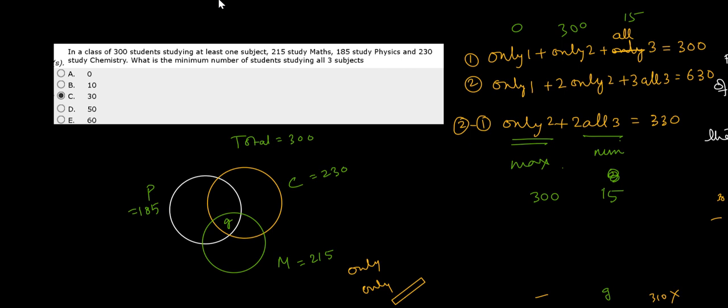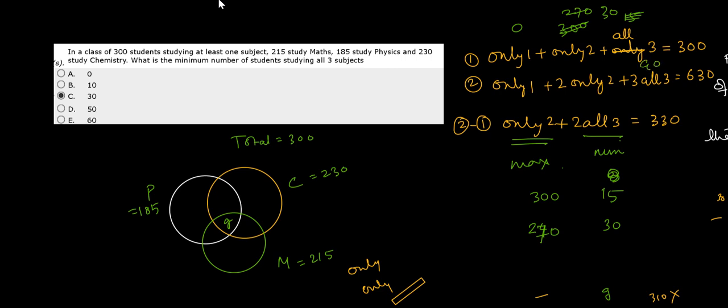So next, I will make this 30. If I make this 30, then only 2 becomes 270. So in this case, I get 30 and 270. That makes it 300, right?